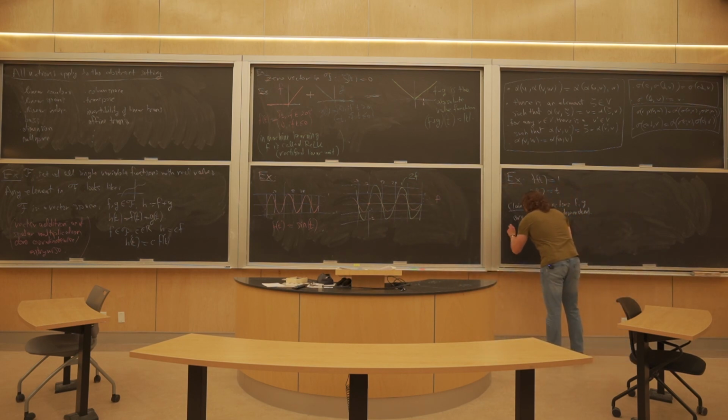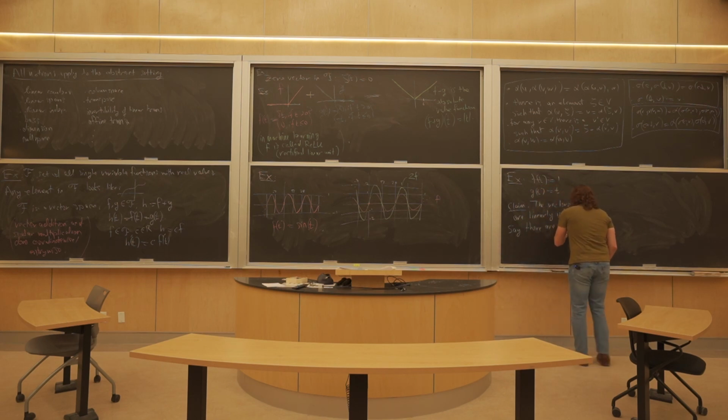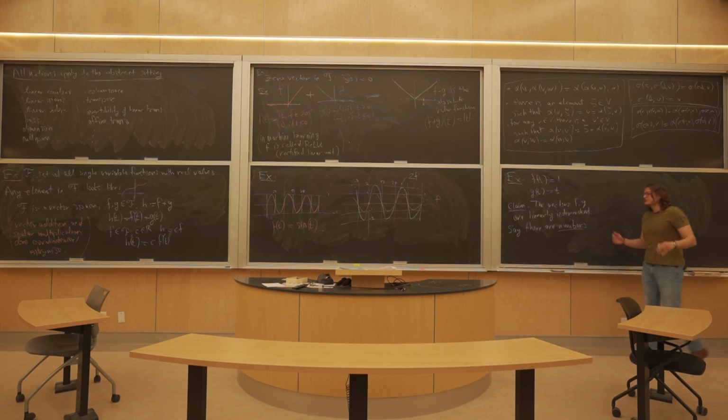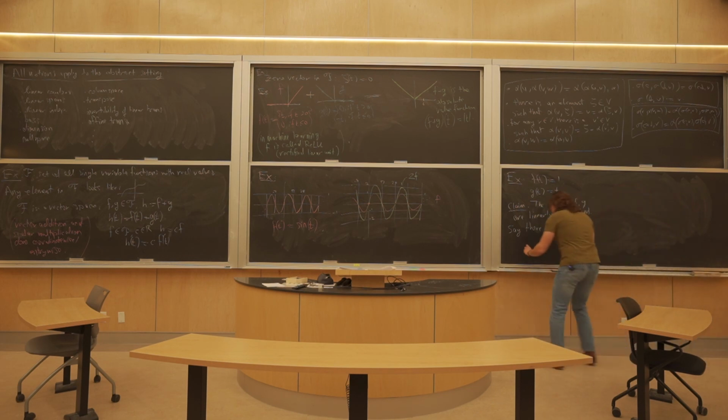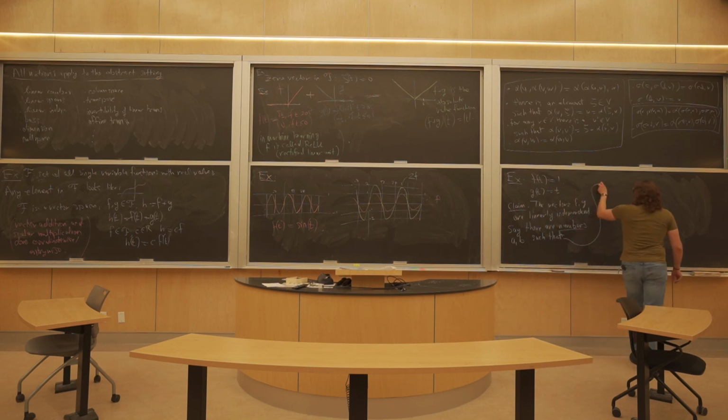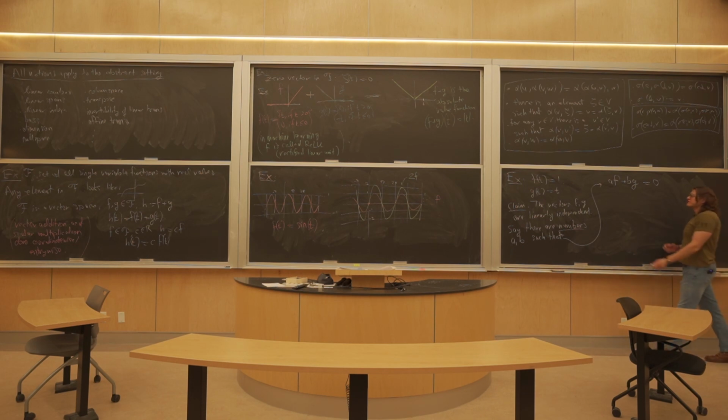Say there are real numbers a and b such that af plus bg equals 0. If I can verify that a and b have to be 0, then I'm done.